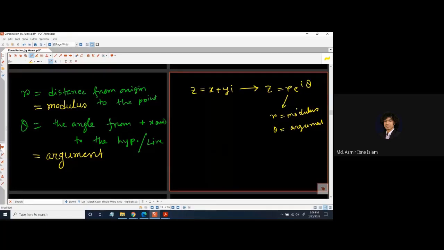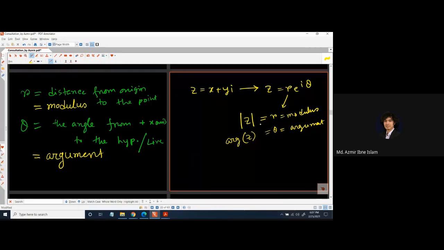So in short, now we can also write r as the modulus of z or absolute value of z. Modulus is the right word. Okay, so modulus of z is now written as r. Argument of z is theta.